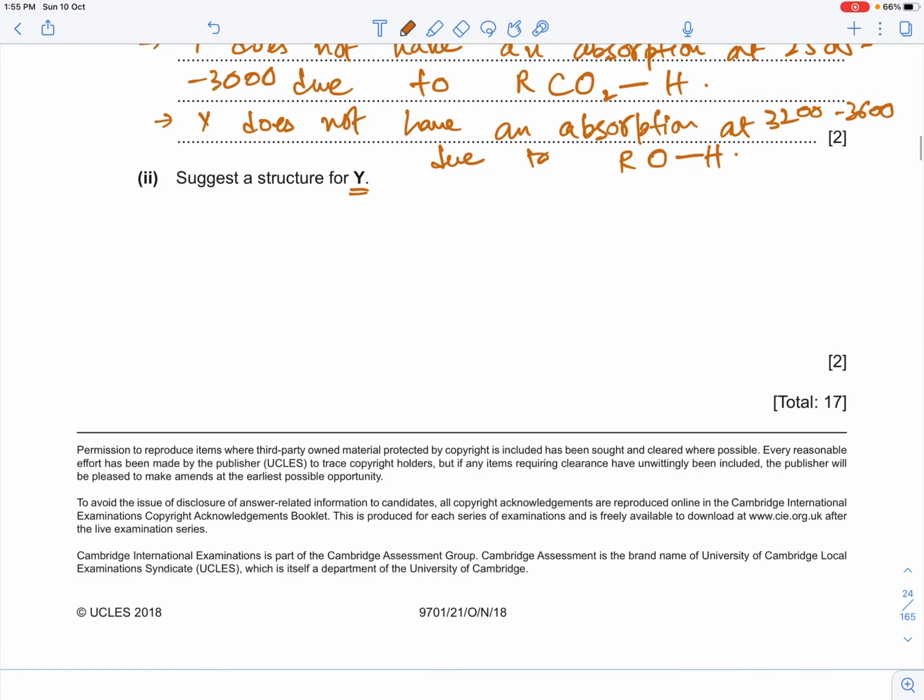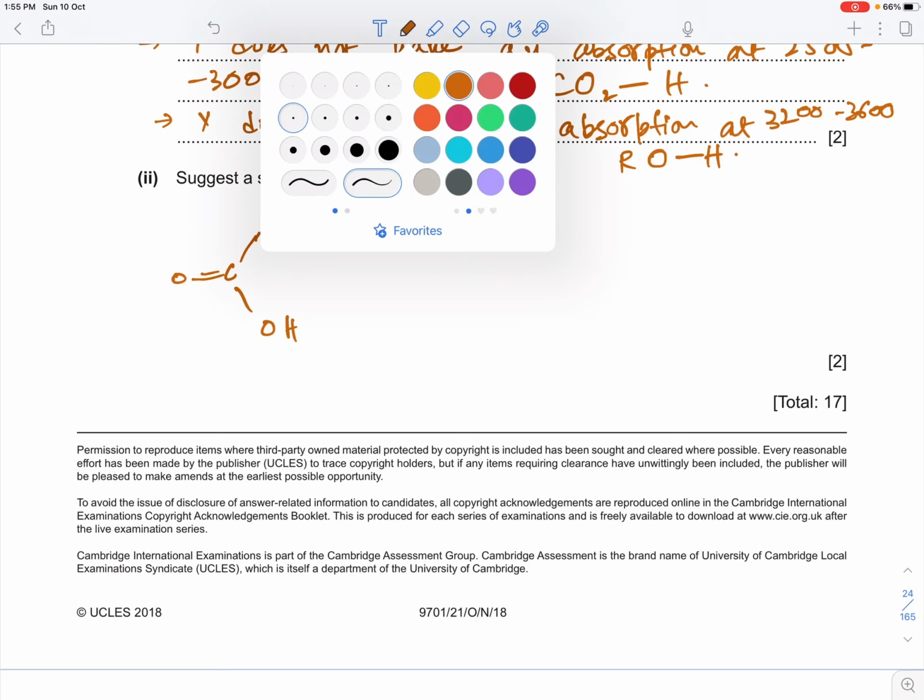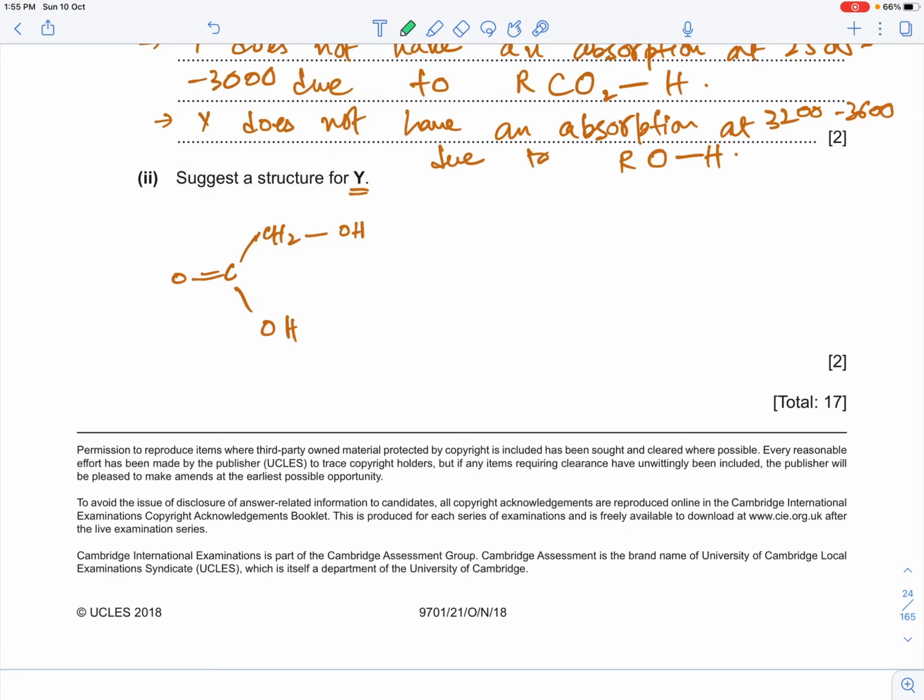So we have a carbonyl peak here, and two molecules of glycolic acid are reacting with each other. So let's first draw the two molecules of glycolic acid. Let's suppose this is C double bond O, CH2OH, OH. So this is one molecule of glycolic acid, and the other molecule of glycolic acid, let's draw it in another color. So the other molecule would be C double bond O, OH, CH2, OH.